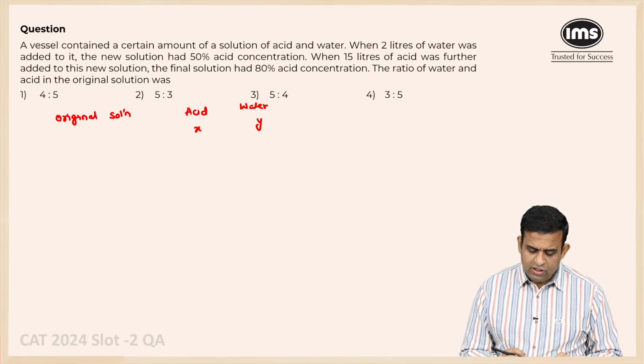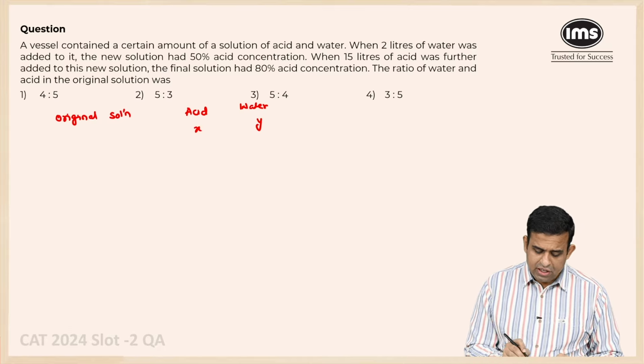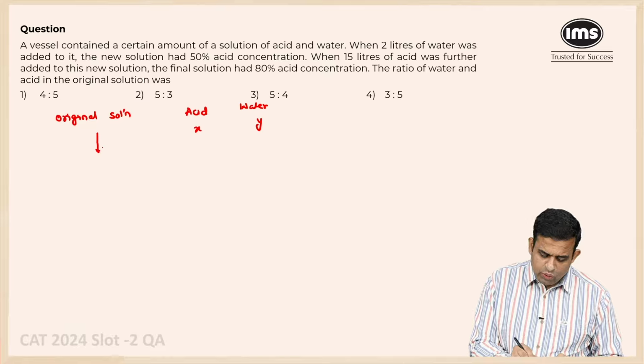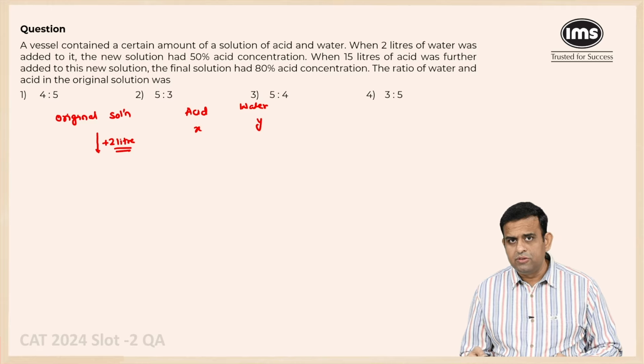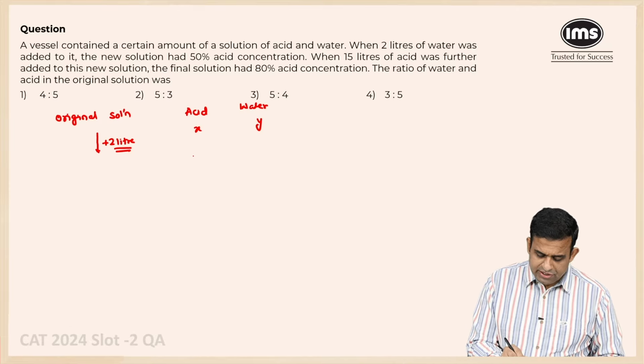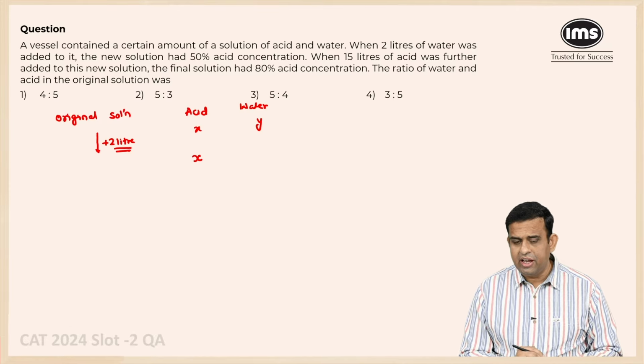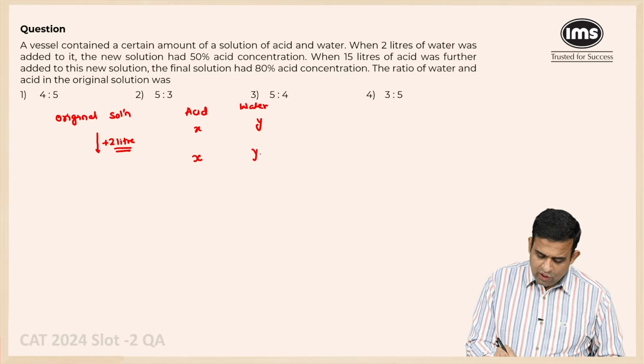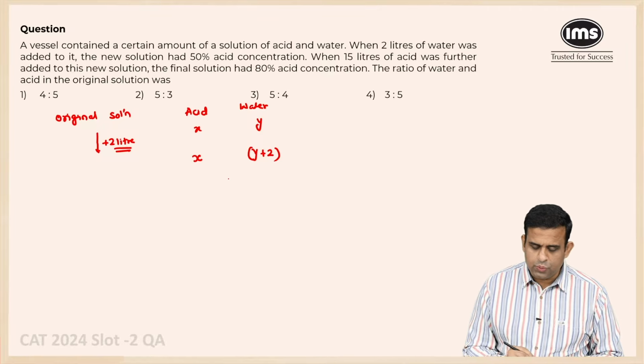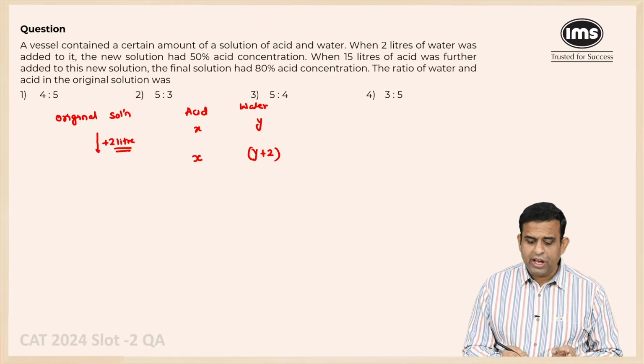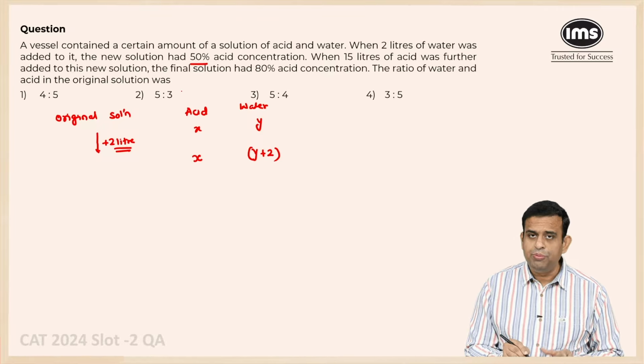So what has happened in this particular case, you have added 2 liters of water, and because of this the acid quantity will remain the same. Suppose X is the acid, then water is now going to be Y plus 2. At this particular point of time, the acid concentration happens to be 50%.